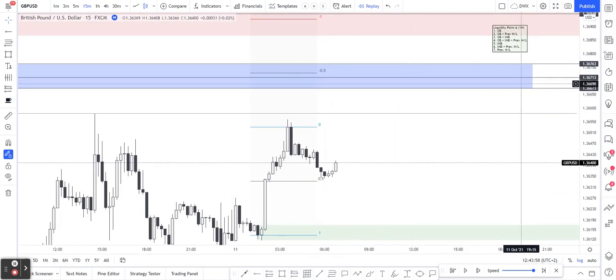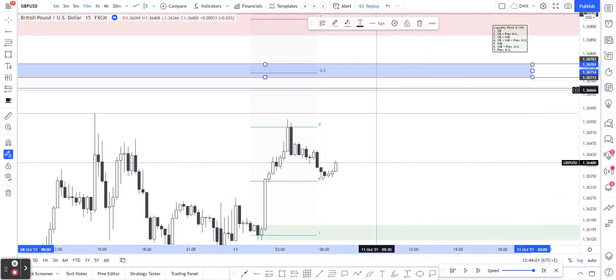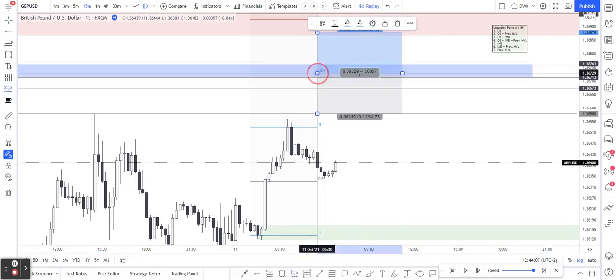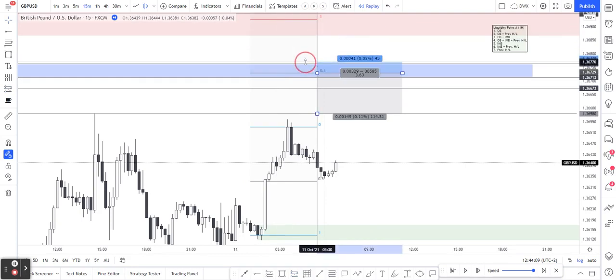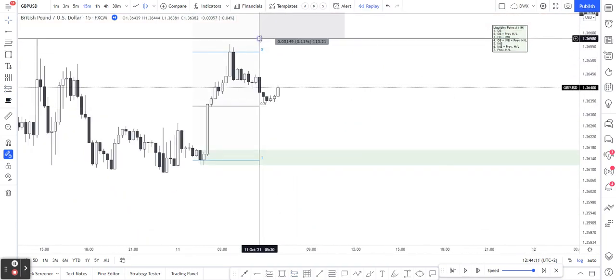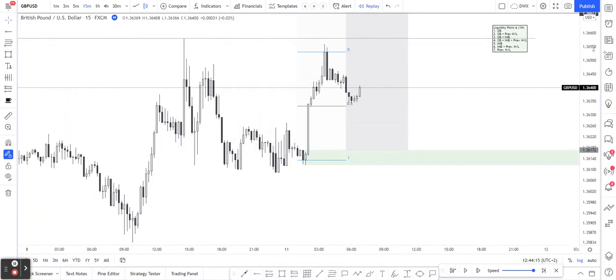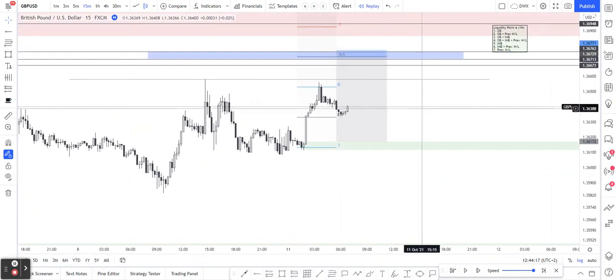So we'll be filling the imbalance, and we'll be tapping into that area. So potentially we'll be looking for sells from this area with a stop loss above, and then targeting the lows where we have the order block down here below. So that would be the trade setup. Let's see how it plays out.